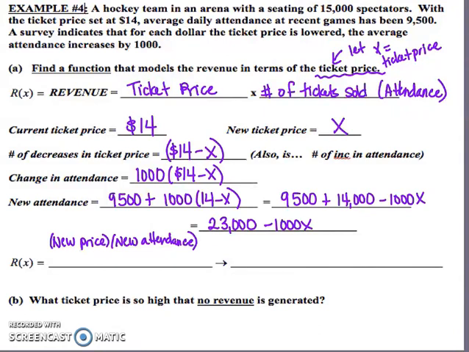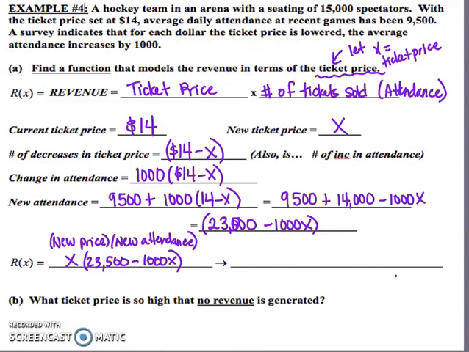Our new ticket price is going to be X. And our new attendance we just solved for right here is going to be 23,000. Whoops, I'm sorry, I have a little error here. This is 23,500. I apologize. 23,500 minus 1,000X.